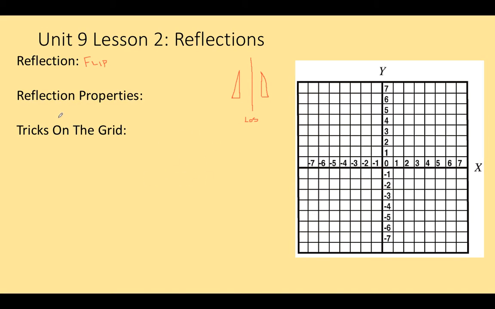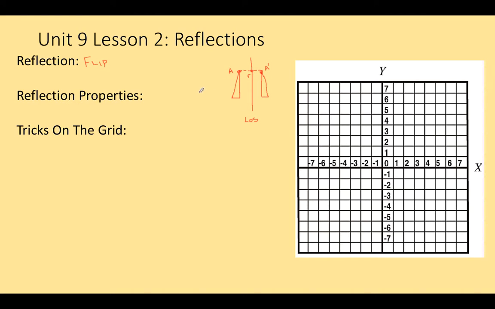And there are 2 essential properties that you're going to need to know about a reflection. And that is, when you reflect something, let's call this A, and let's call this A prime. So this is the new one, this is the original image. And let's call this point right here R for reflection.